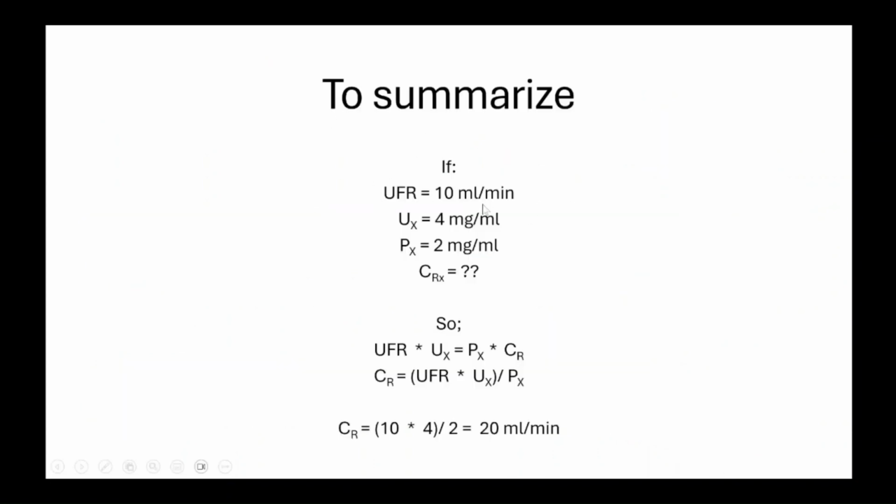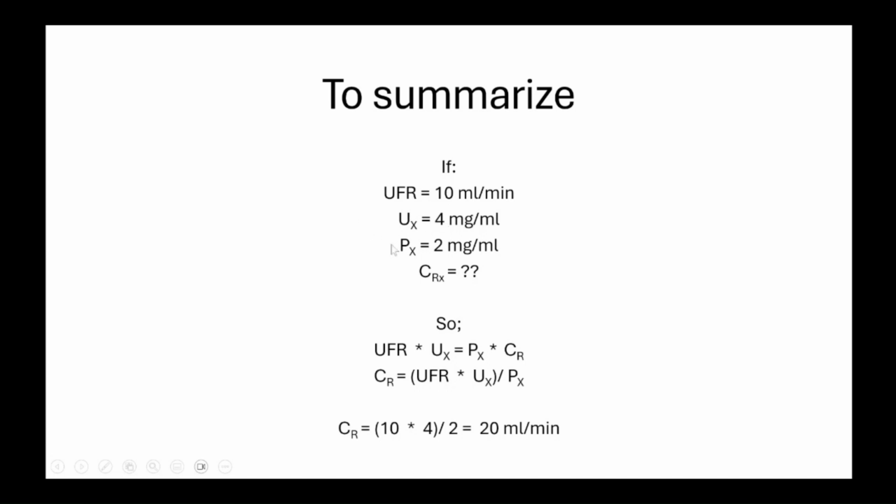So just to summarize and to correlate between the calculations that we made and the actual formula for the renal clearance. In our example, the urine flow rate equals 10 ml per minute, the urine concentration of the substance equals 4 mg per ml, and the plasma concentration of the same substance equals 2 mg per ml, and we want to calculate the renal clearance of the substance X. We first started by calculating the amount of the substance that is being released in the urine, which equals the urine flow rate multiplied by the urine concentration of the substance. 10 multiplied by 4 equals 40 mg per minute.